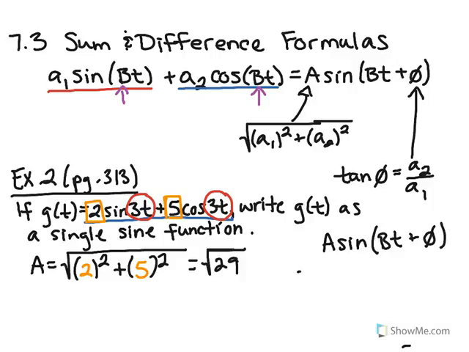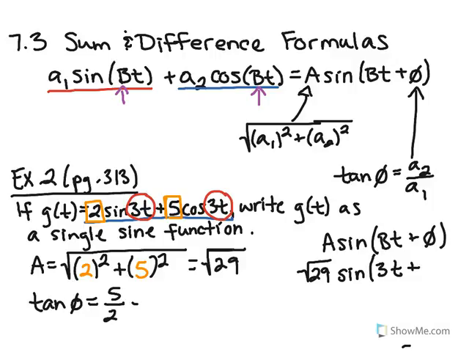So I'm going to substitute in square root of 29 for A, and I'm going to write sine. Now bt is the b that we started with, our like term, which was 3t in red. So I'm going to copy that down right here. That's not going to change. Plus phi. Now we have to go in and find our phi. So tangent phi equals A2, which was 5, over A1, which was 2.